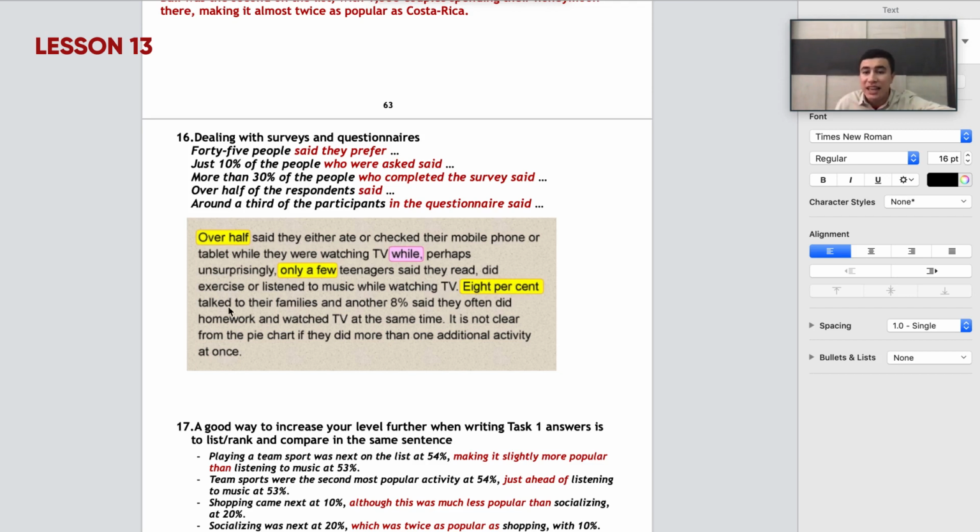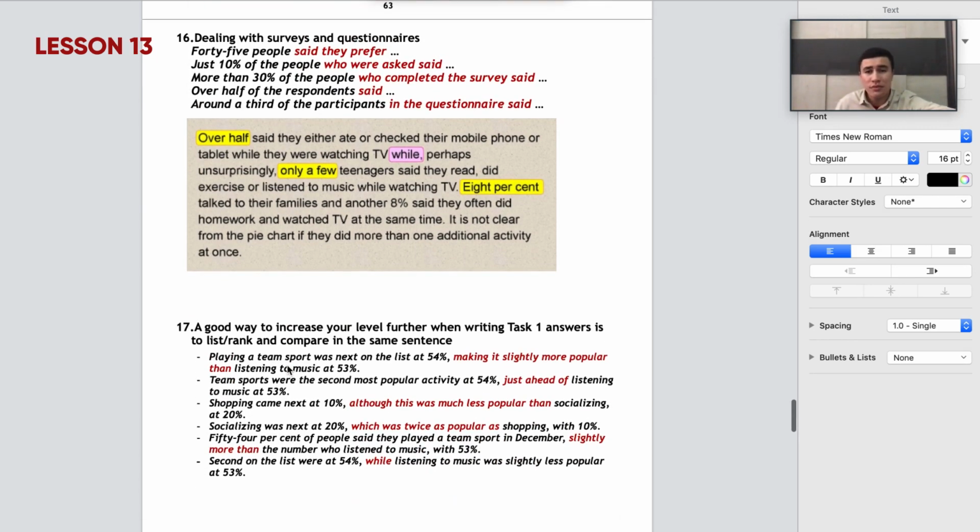Okay? 8% talked to their families, and another 8% said they often did homework and watched TV at the same time. So, most of the time, they do the same, okay, as you do, guys. It's not clear from the pie chart if they did more than one additional activity at once. So I hope this was clear.